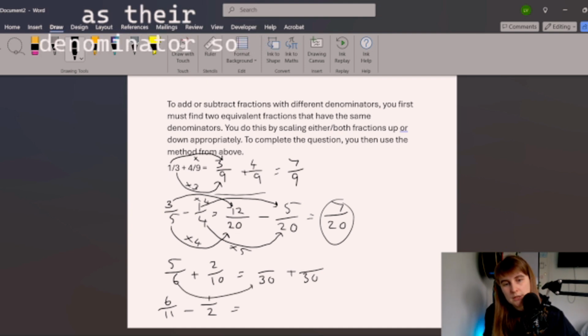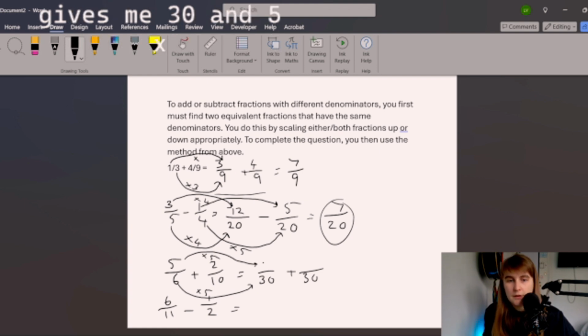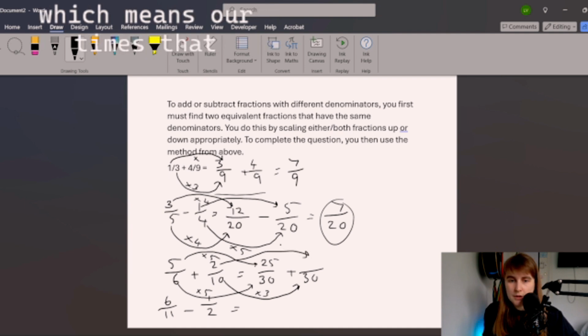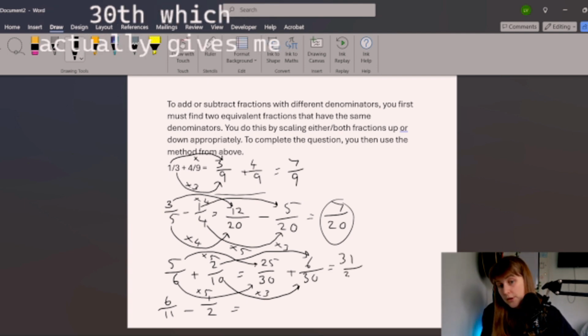So 6 times 5 gives me 30, and 5 times 5 gives me 25. And then for this one, to get to 30, I need to times by 3, which means I times that 2 by 3, which gives me 6. So I've got 25/30ths plus 6/30ths, which actually gives me 31/30ths.